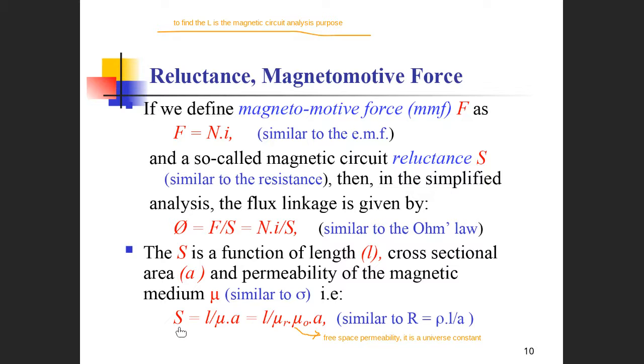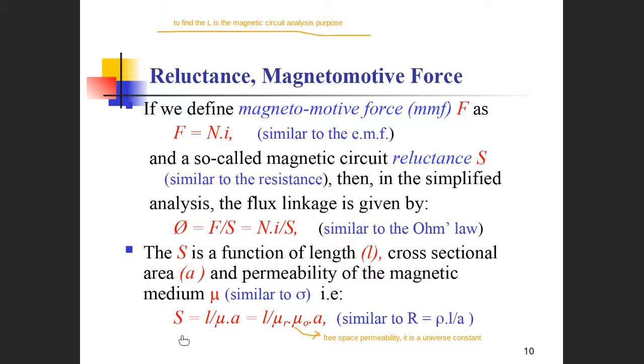So we have three new concepts: magnetomotive force, reluctance, and flux. Magnetomotive force is similar to the voltage. Flux is similar to the current. And reluctance is similar to the resistance in an electric circuit.